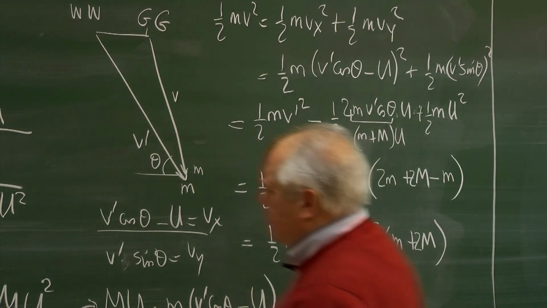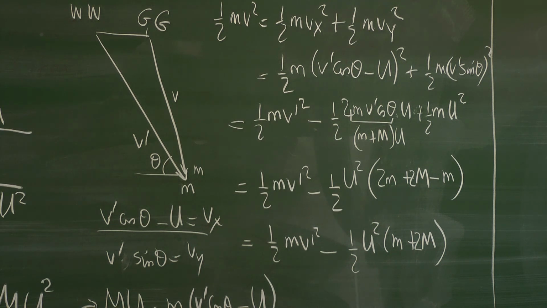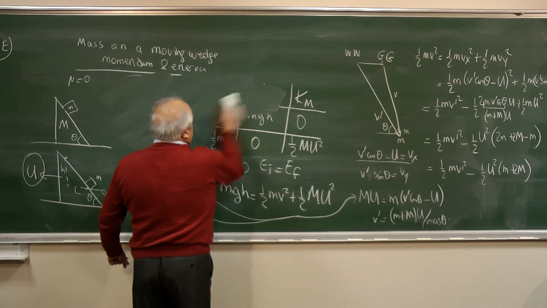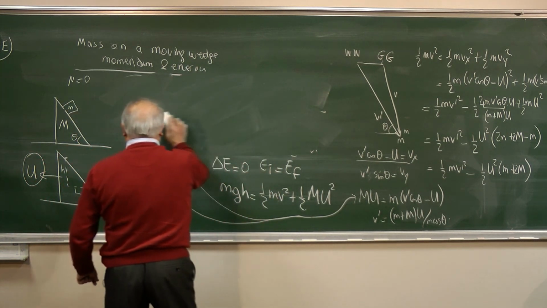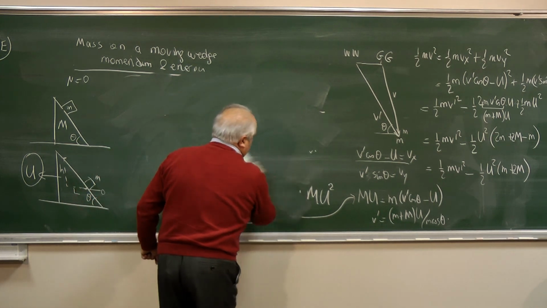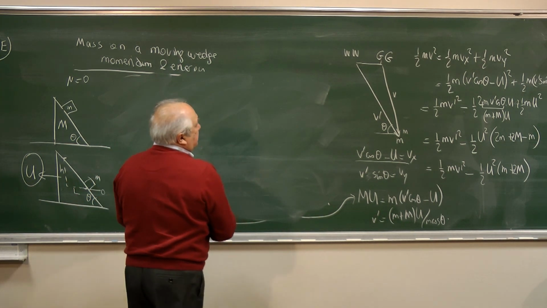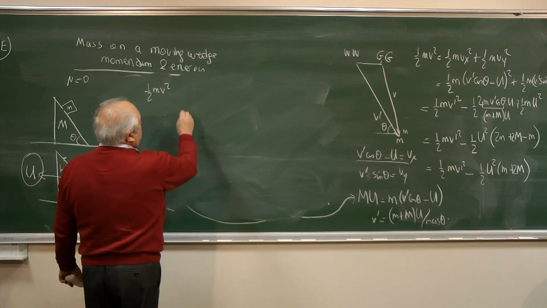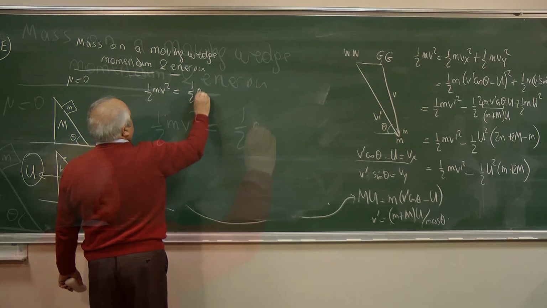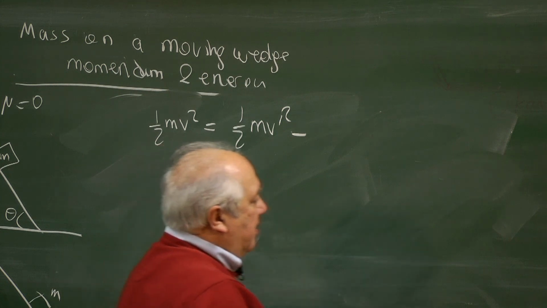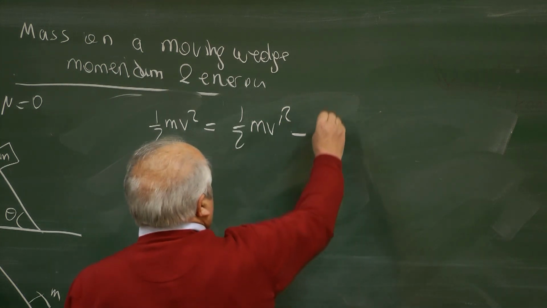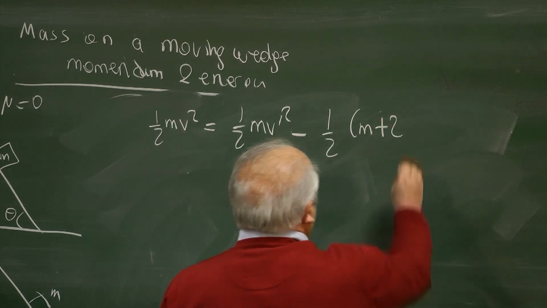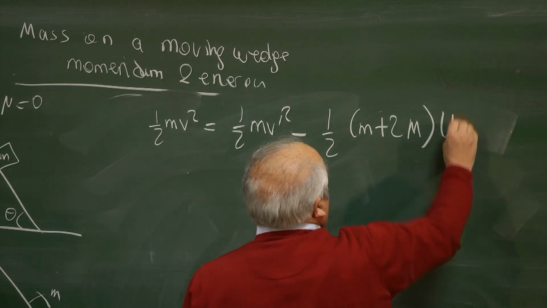Okay, I will erase what I don't need. I used these things before, so I'm erasing this. Let me write this again. 1/2 m V square is equal to 1/2 m V prime square minus 1/2 (m plus 2M) U square.